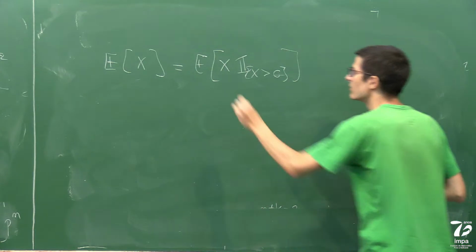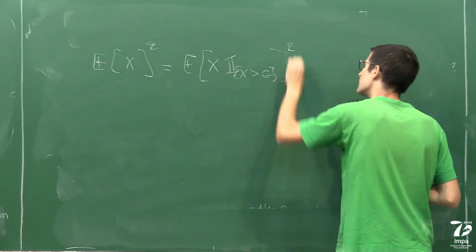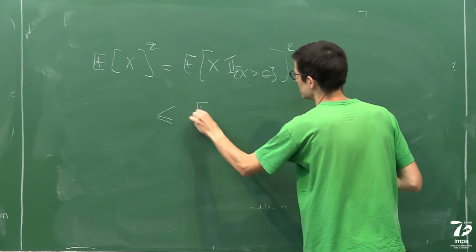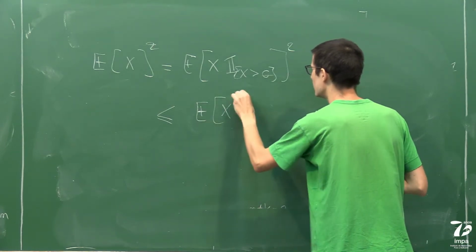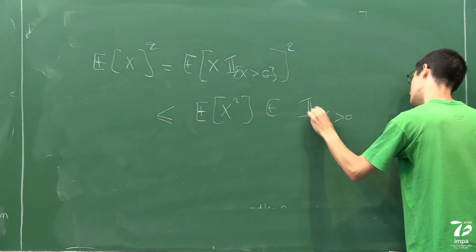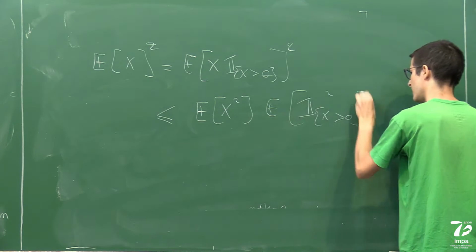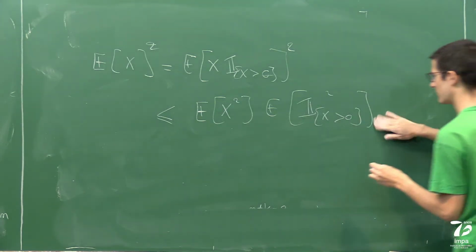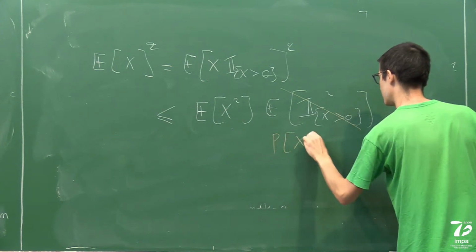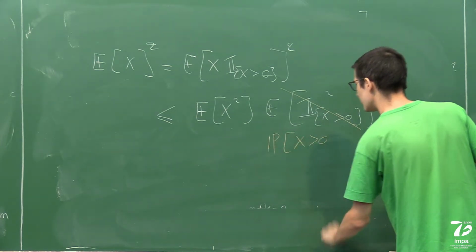Then you can put squares. And this is smaller than the expectation of x squared times the expectation of this indicator squared, which is just the probability that x is positive.